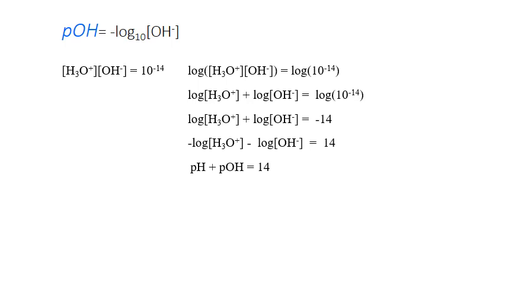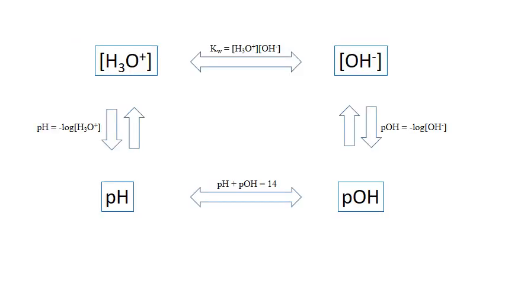So now we have a bunch of relationships. We know a relationship between H3O plus and OH minus. We know a relationship between pH and pOH. We know a relationship between pH and H3O plus and between pOH and OH minus. And I'll put all those on a chart here. Okay. So across the top, H3O plus and OH minus. They're related by the equilibrium expression.